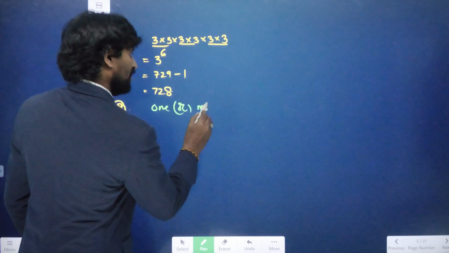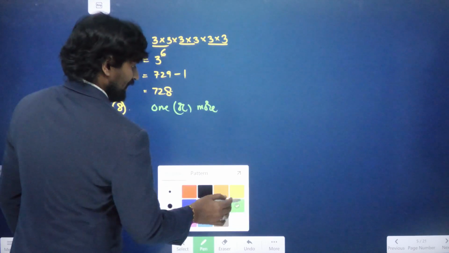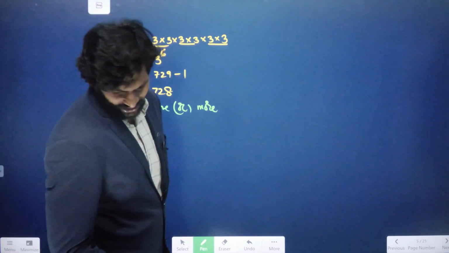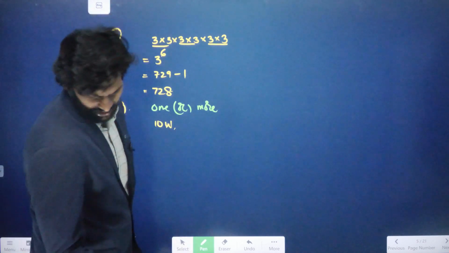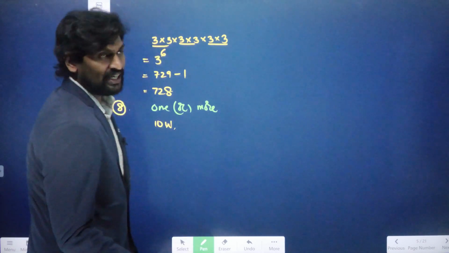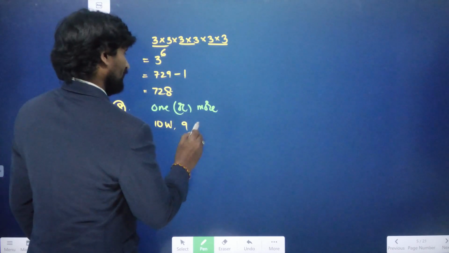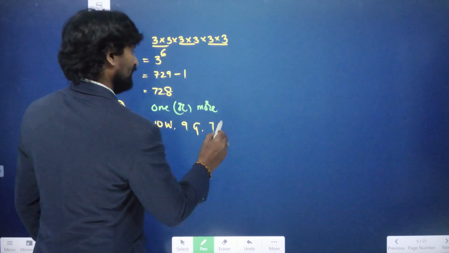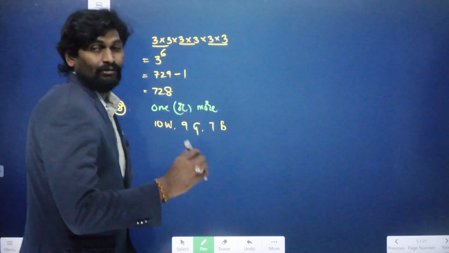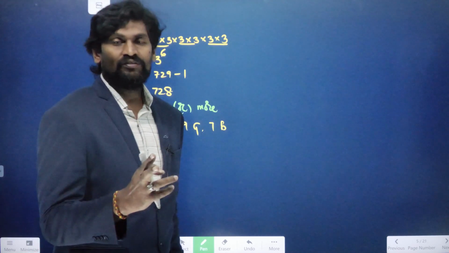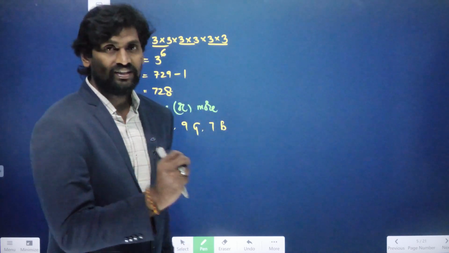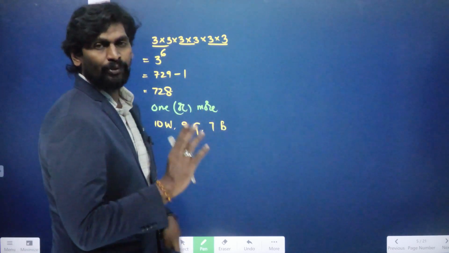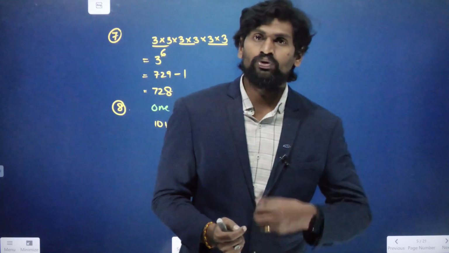Whenever you see one or more, here three different groups are given: 10 white, 9 green, and 7 blue. That means P, Q, R different numbers of things we are going to arrange like P plus 1 into Q plus 1 into R plus 1.